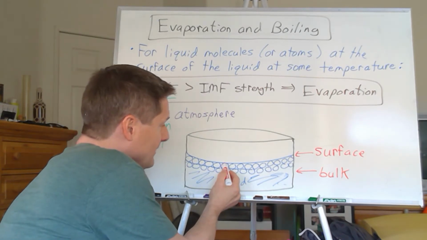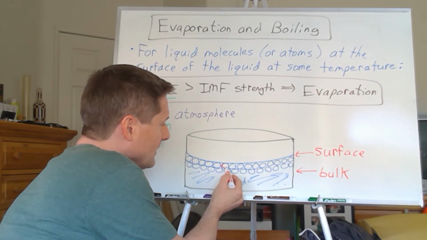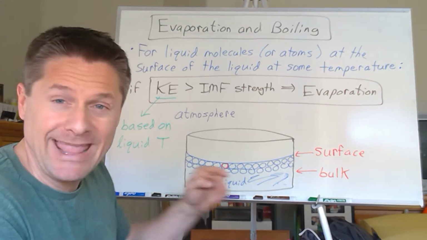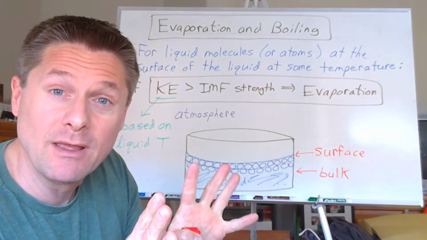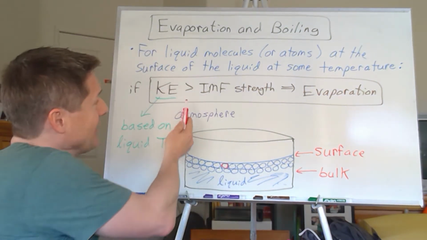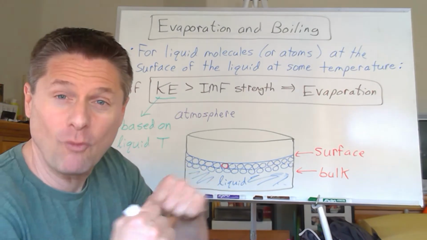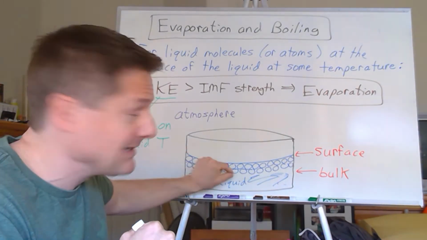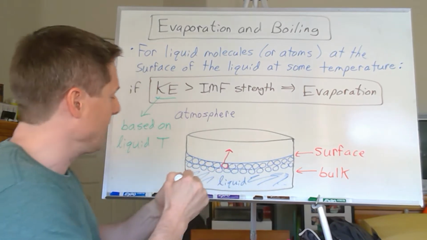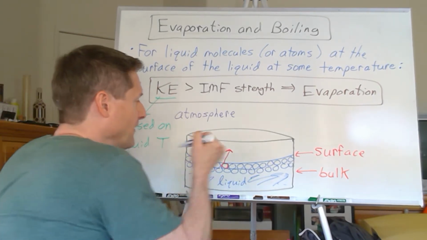But let's take this one here in red, let's say that particular molecule of that liquid picks up enough kinetic energy due to collisions from surrounding liquid particles, if it picks up enough kinetic energy and it's greater than the intermolecular force strength holding that particle to the other ones, it can peel off into the gas phase. So poof, off it goes.